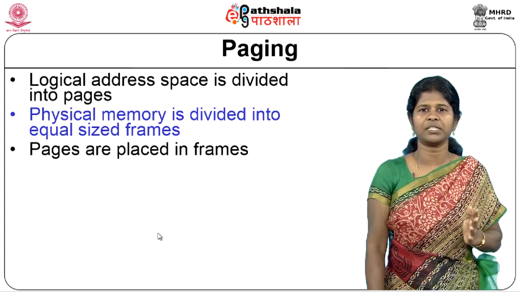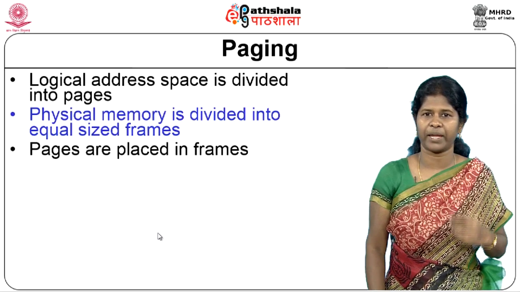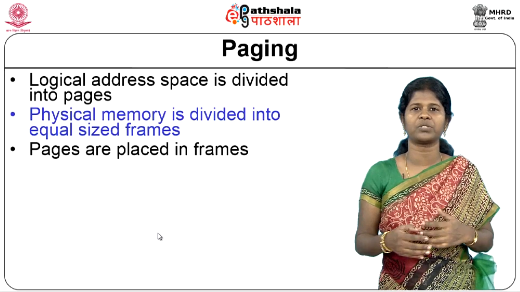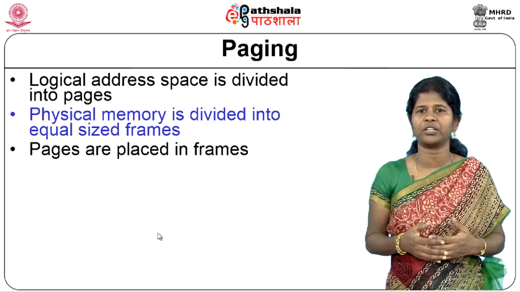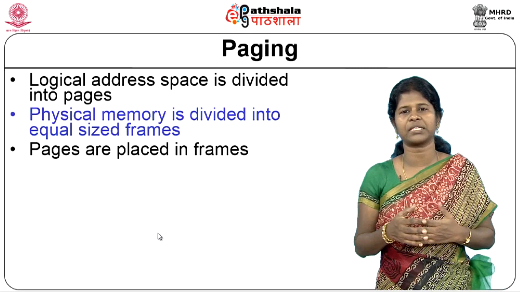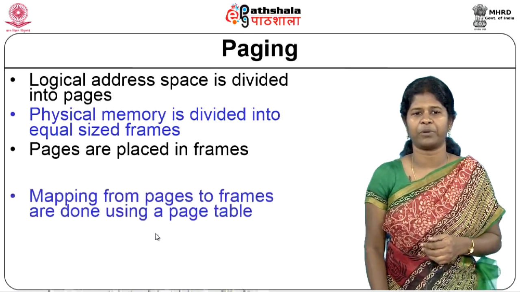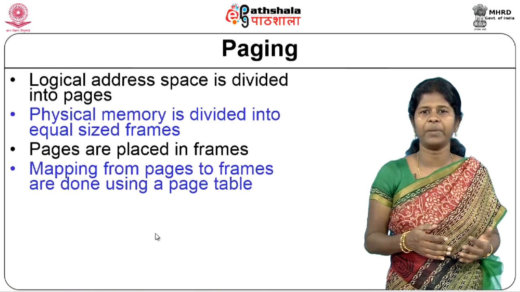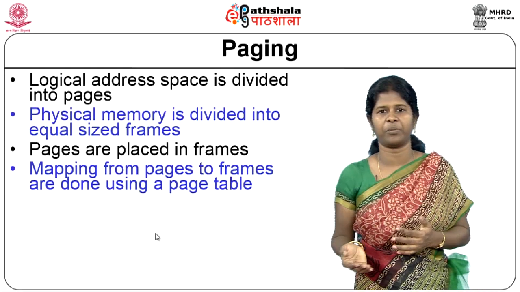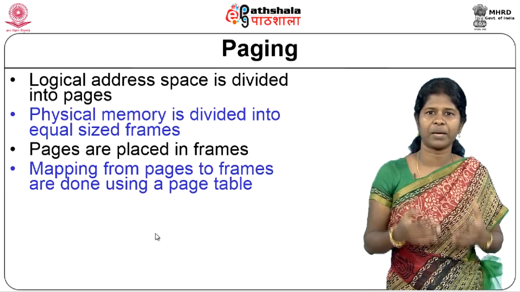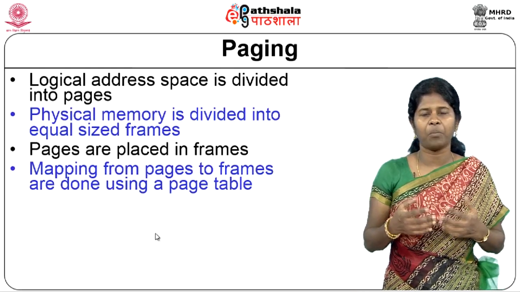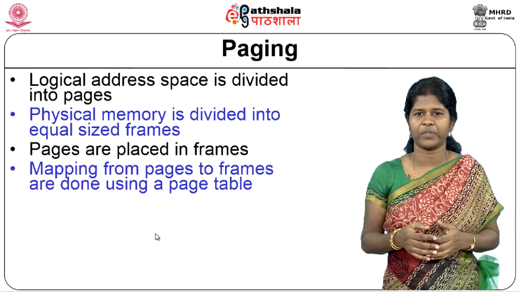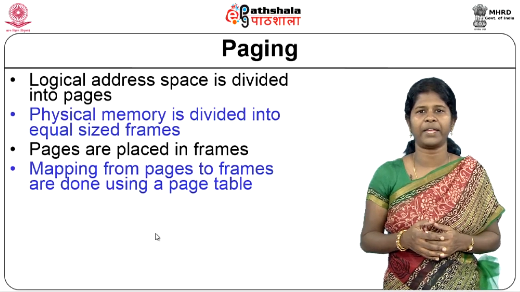The user's pages are placed in the frames in the physical memory. Now, to know where the pages are being kept in the physical memory, we need something which remembers how the mapping is being done. So, for this we have a page table.